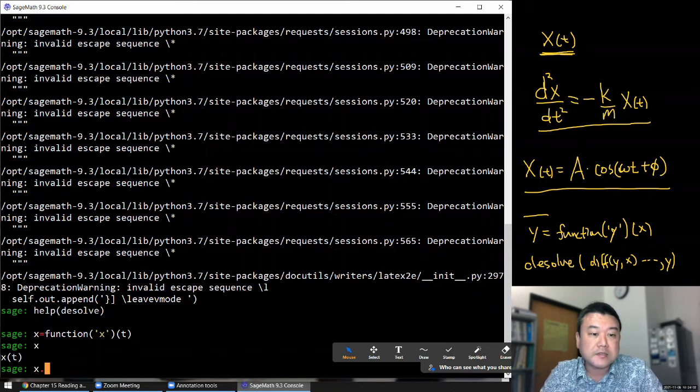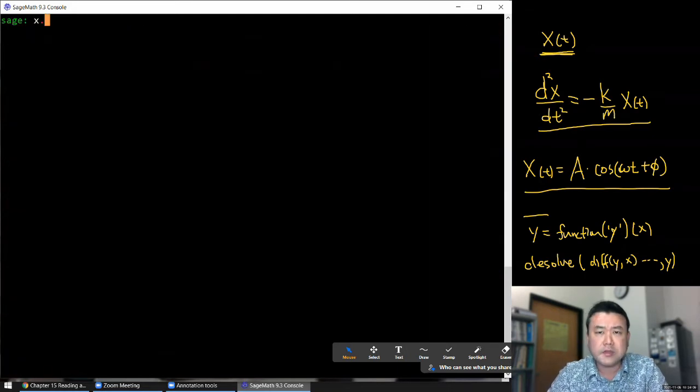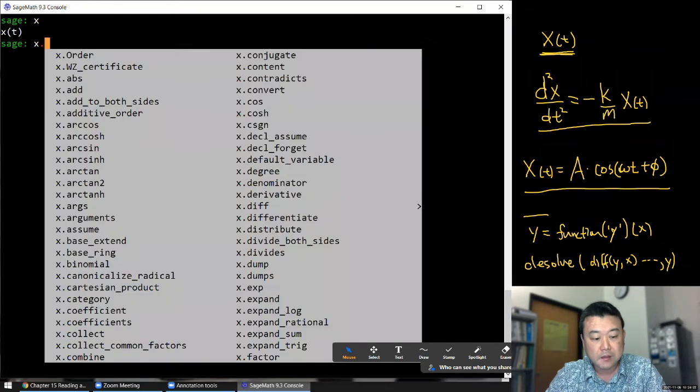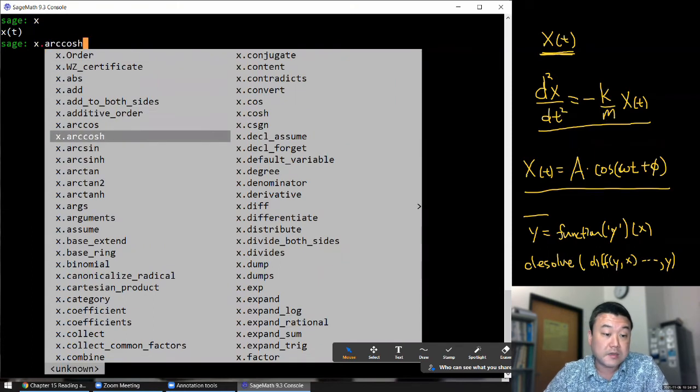One of the things that's nice about this interactive environment is it has something called tab completion. x is an object that's known to SageMath. It has certain properties, certain bound methods. So when you type x period and then press tab a few times, that accesses tab completion. It tells you what kind of things can be done with this function.